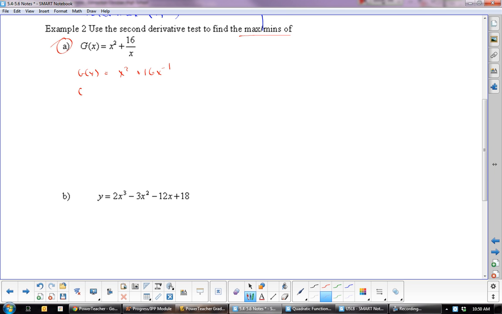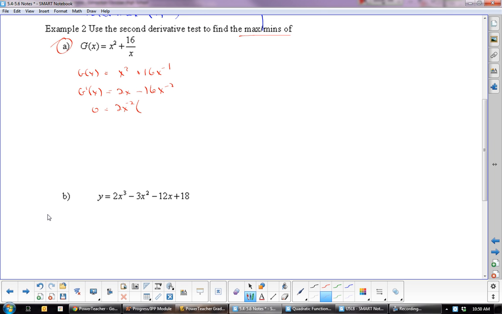Derivative g prime of x would equal 2x minus 16x to the negative 2. We want to factor this. What can we factor out? 2x to the negative 2.